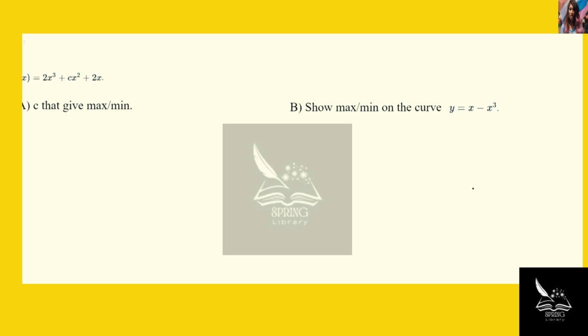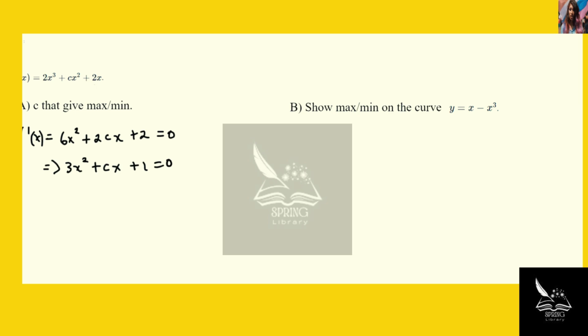Using the power rule, f prime of x is 6x squared plus 2cx plus 2 is equal to 0. We can just divide all this by 2, and that gives us 3x squared plus cx plus 1 is equal to 0.